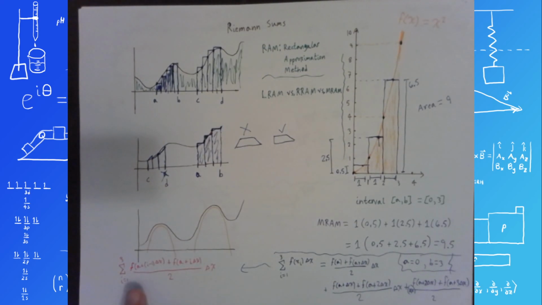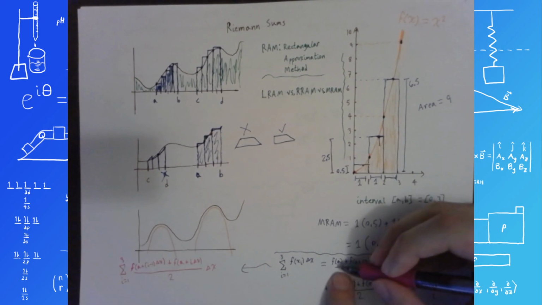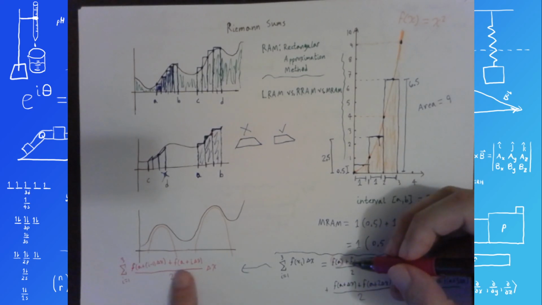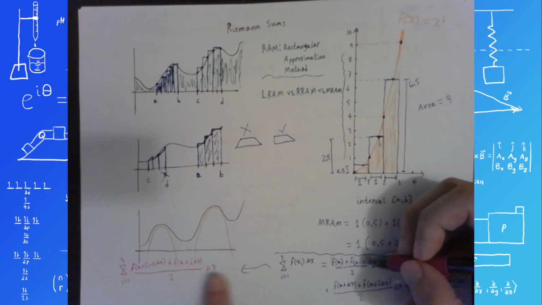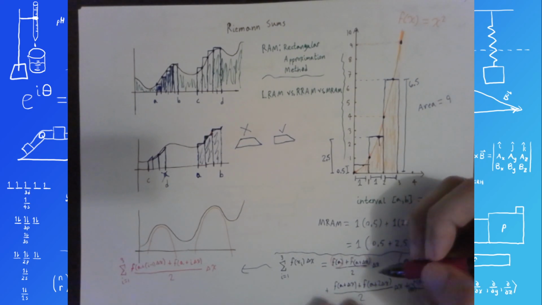So when i equals 1, this is f of a plus 0, exactly what we got here. And then plus f of a plus 1 delta x, that's exactly what we got over here. So this is again for i equals 1, and then the rest plays out the same.